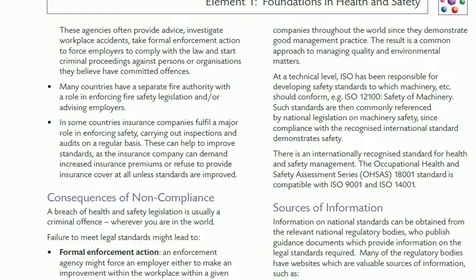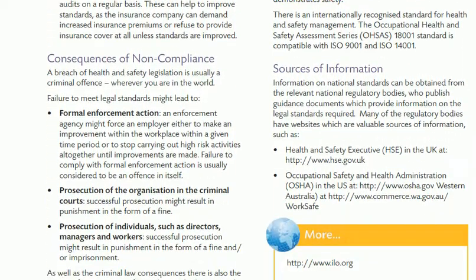Yes, they have a job. Their job here is to ensure that every organization meets the legal standards, they meet their legal obligations, or they face the penalties, the consequences, which can be in form of formal enforcement action, prosecution in the criminal court or fines, and then prosecution of individuals, directors, managers, workers.